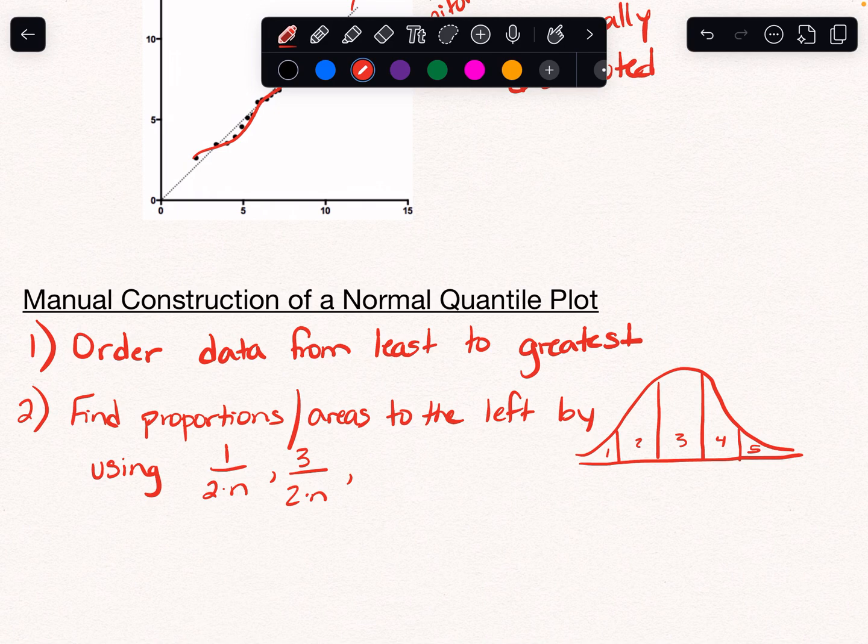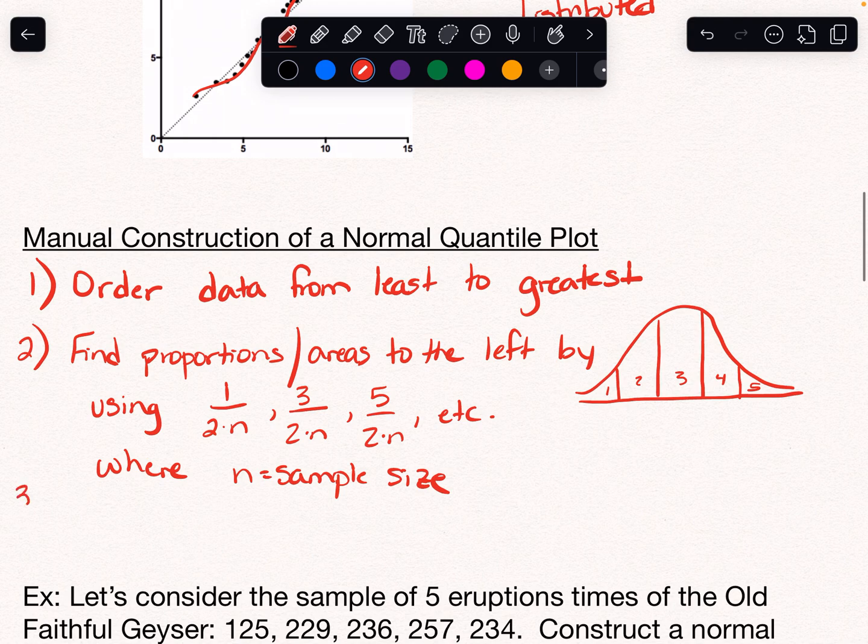That's my second proportion, 5 over 2n, etc., where n is our sample size. Step number 3, we're going to find the z-scores for the proportions in step 2.